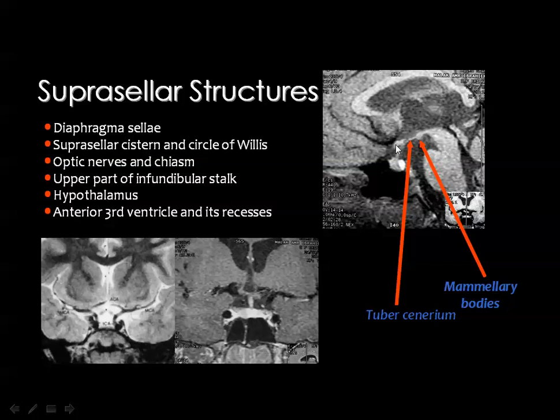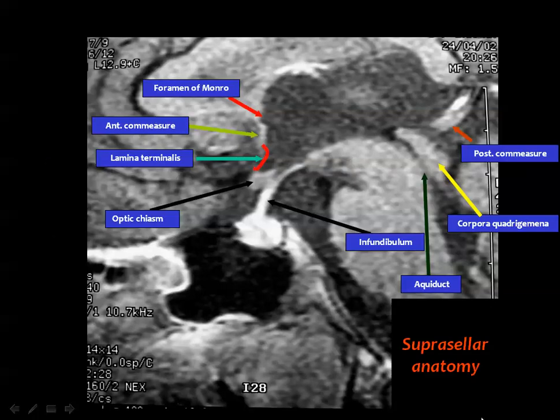This is the optic chiasm, then this recess is also coming from the third ventricle, and is known as the optic recess of the third ventricle. And in the suprasellar area, you can see part of the stalk, you can see the optic chiasm, and you can see CSF, and you can see also the vessels, the circle of Willis, and you can appreciate the region of the hypothalamus, and we will discuss it immediately.